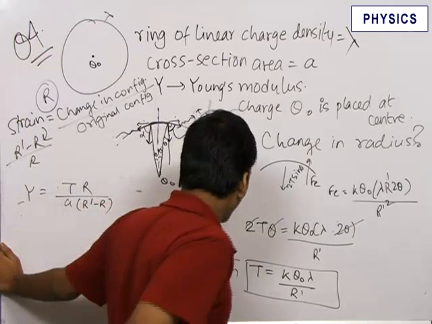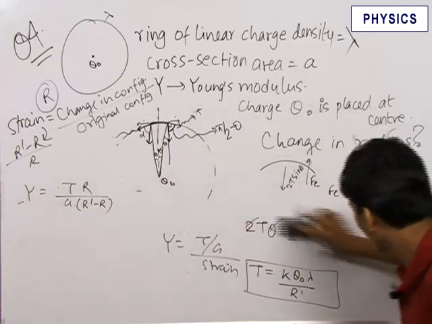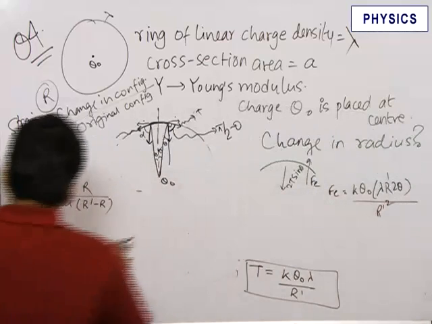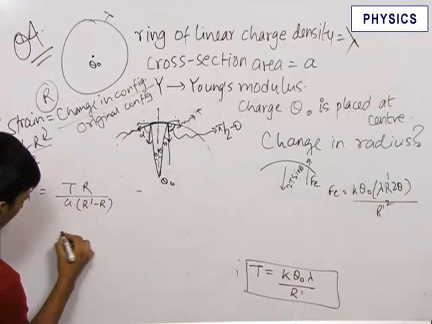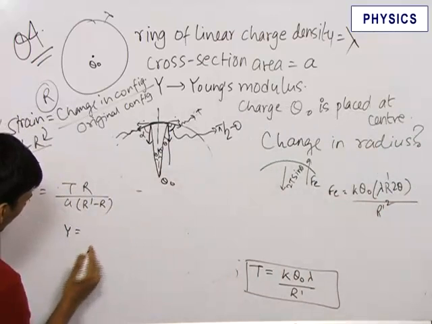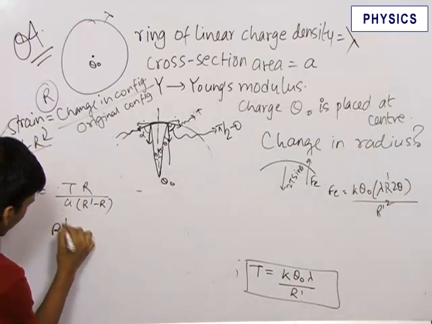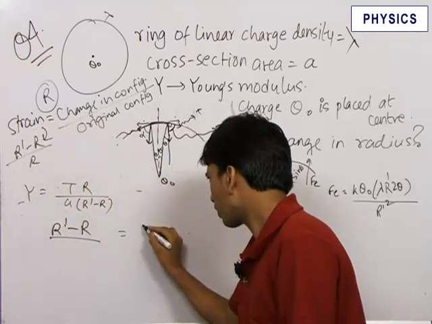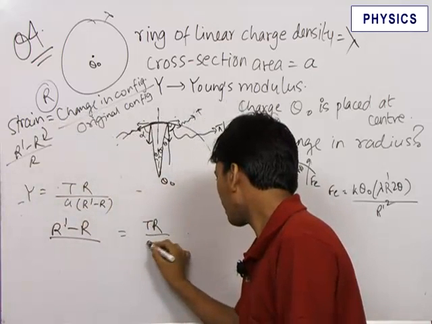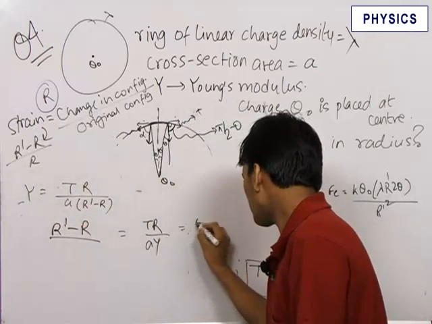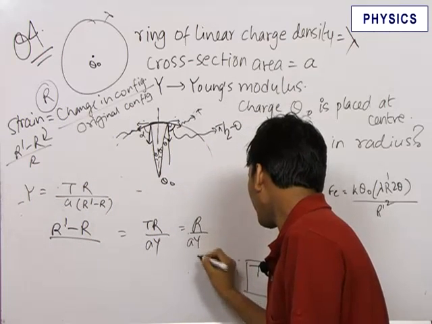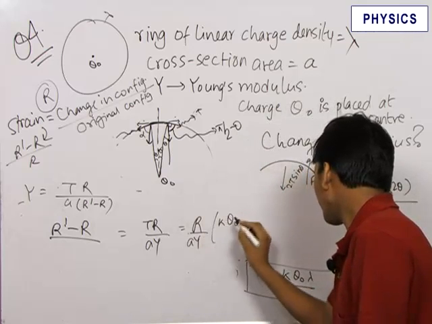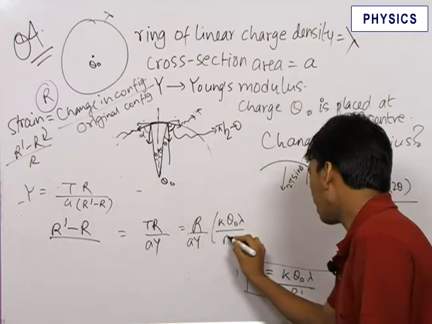So from here, let us substitute the value of T to get Y. Firstly, the change in radius we need to find out. This is equal to T r upon A Y. Now this is equal to r upon A Y into T, that is equal to k q naught lambda upon r dash.